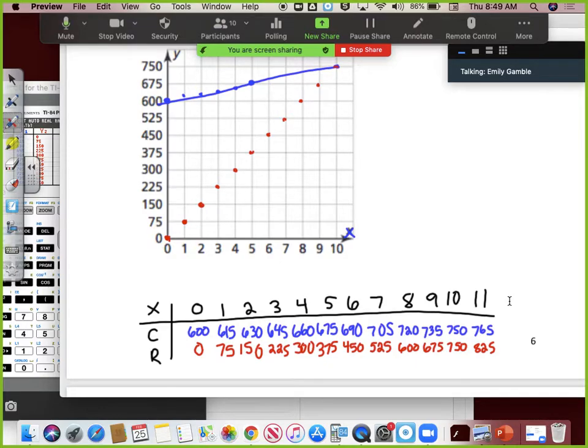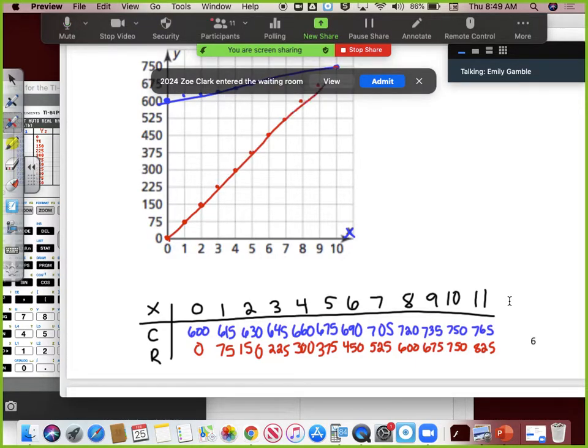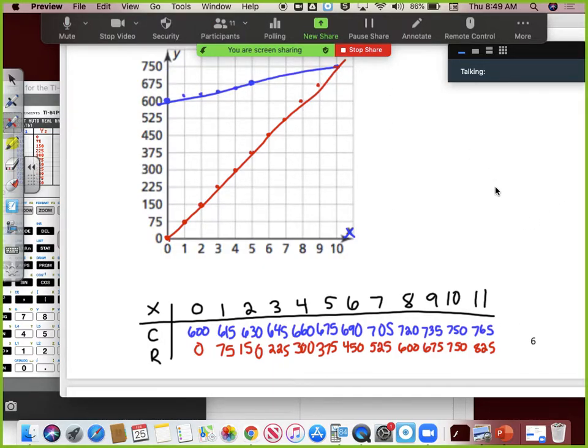So then I can just connect my line. And then I have both lines on the graph there.